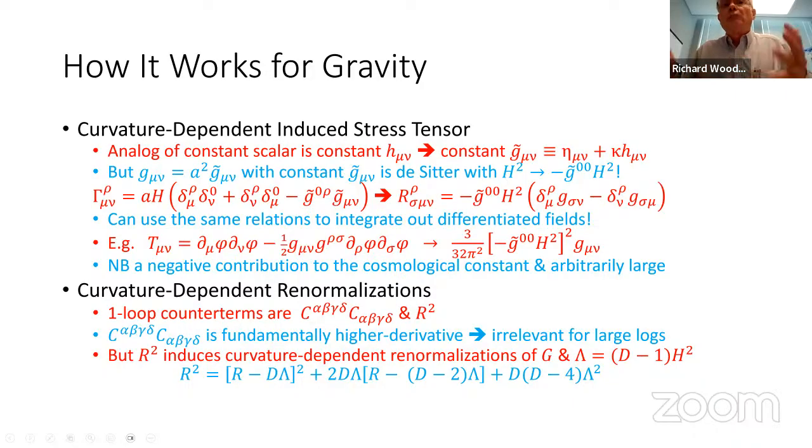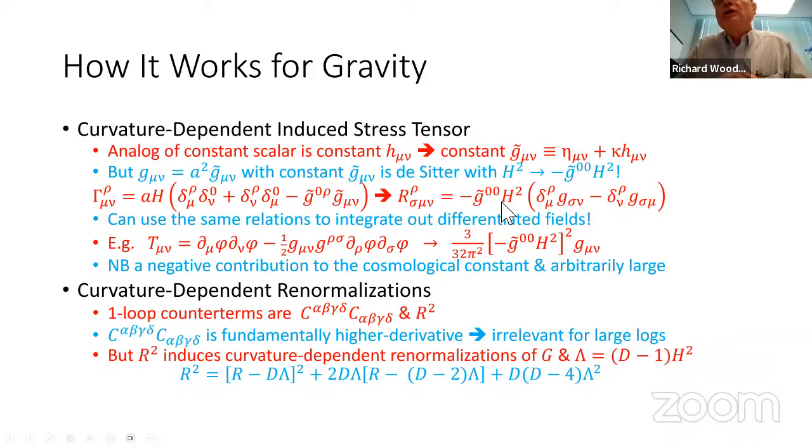And the key step of integrating out the differentiated fields is, can you evaluate the propagators for constant H mu nu? Well, it turns out you can. It's easy. If the exact metric was a squared times G tilde mu nu, where G tilde was constant, then you can get the exact connection and the exact Riemann curvature, and you see it takes the locally de Sitter form, but with a slightly different Hubble parameter.